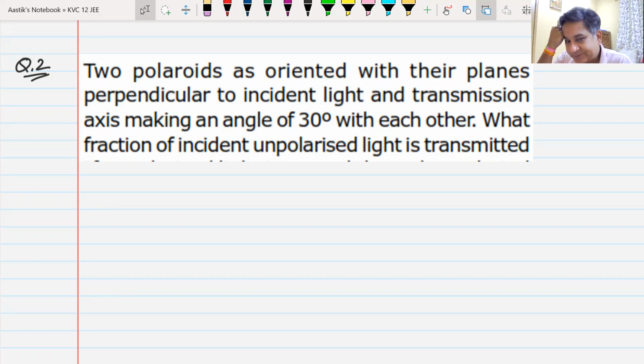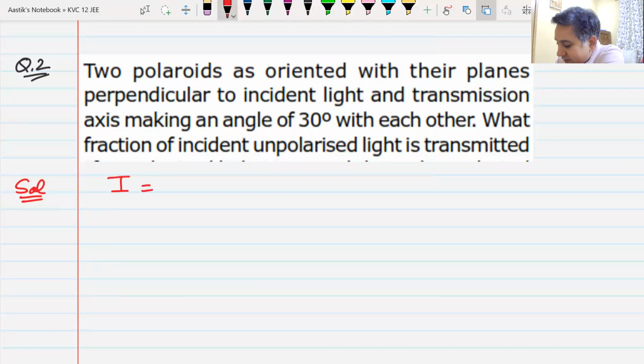Do we understand this? Yes or no? 3 by 8, that is correct. 3 by 8 is the answer. So what I have to find out here is intensity after the analyzer as a fraction, that is I by 2 cos square theta.